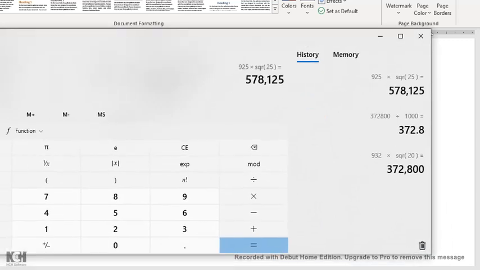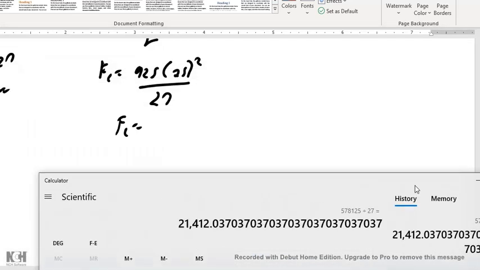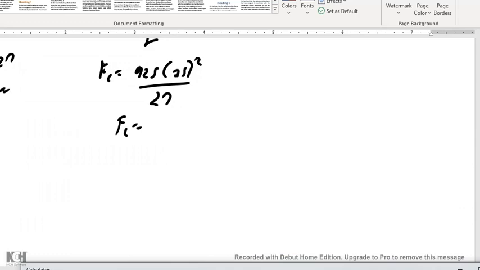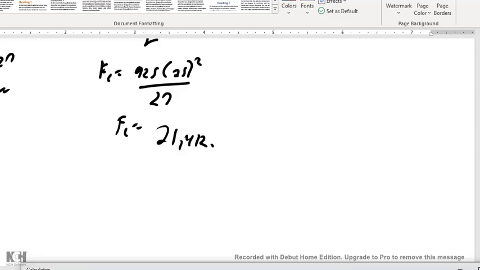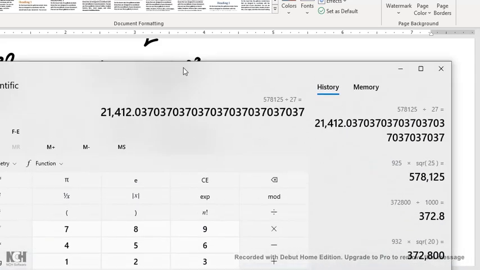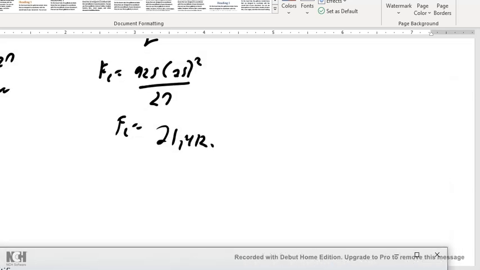Divide by what? 27. A little big, but I'm going to see what happens. 21,412. What's that decimal? 0.04. What are my units for force? Newtons.